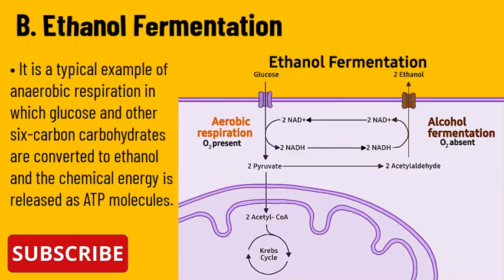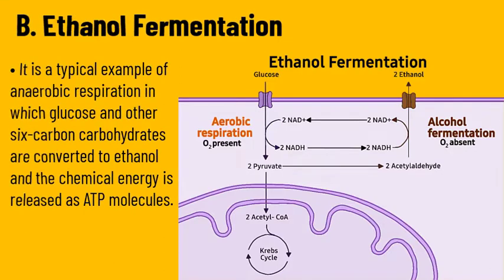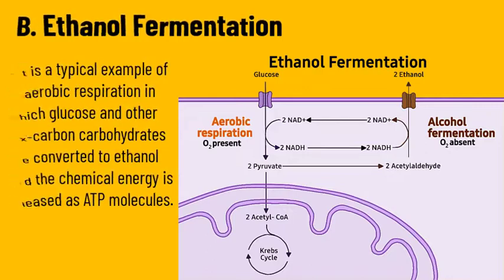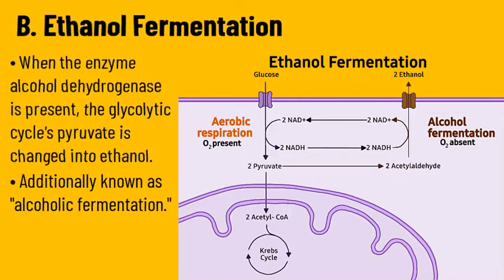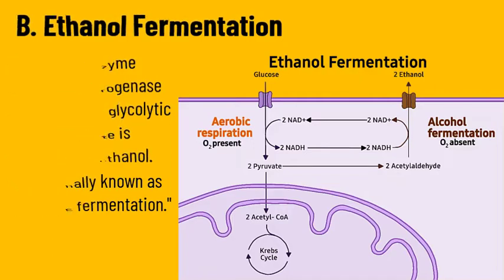It is a typical example of anaerobic respiration in which glucose and other 6-carbon carbohydrates are converted to ethanol and the chemical energy is released as ATP molecules. When the enzyme alcohol dehydrogenase is present, the glycolytic cycle's pyruvate is changed into ethanol, additionally known as alcoholic fermentation.